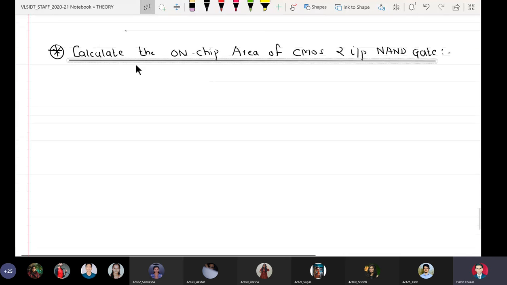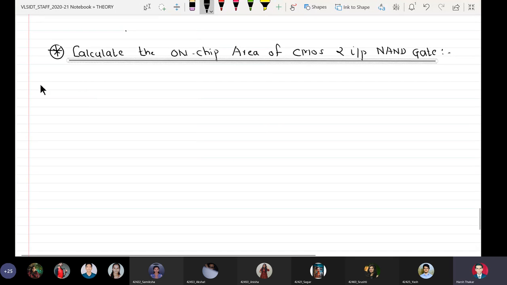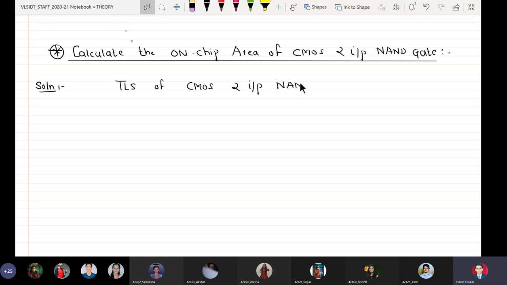So the first thing which you have to do is draw the transistor level schematic of CMOS 2-input NAND gate.